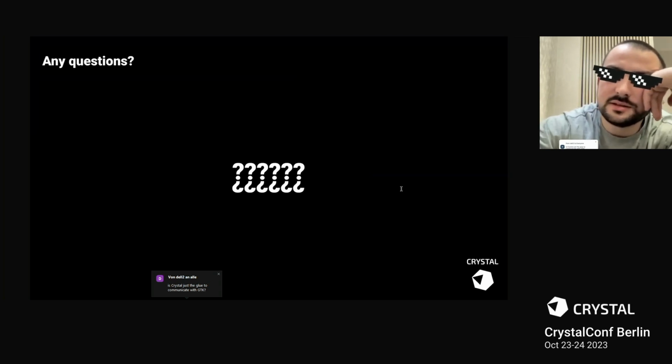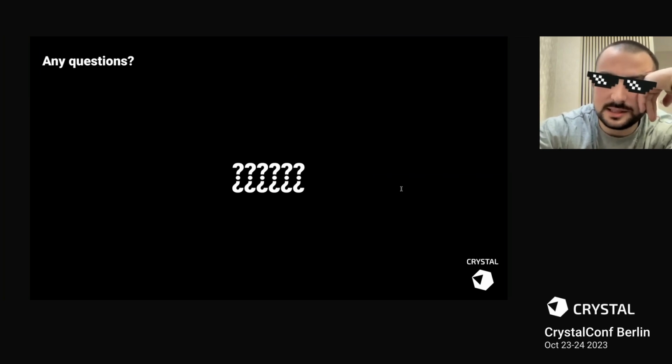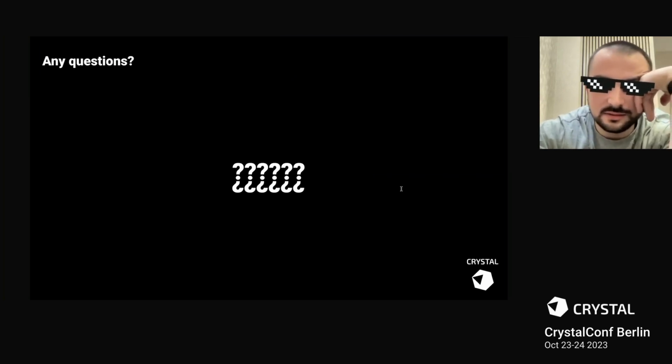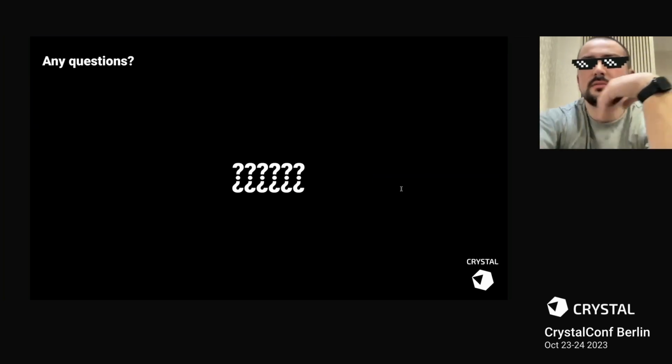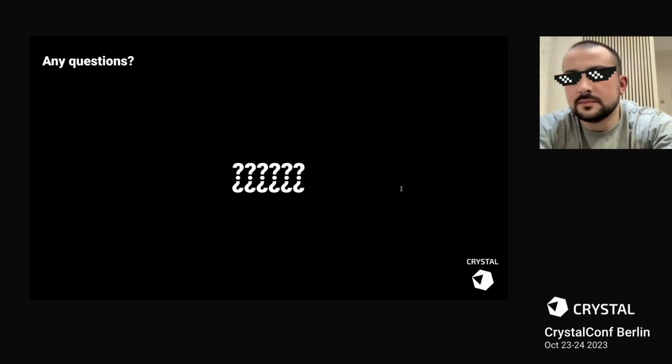GTK, it's not glue. TypeScript is the glue one, not Crystal. With Crystal, you can pretty much write whatever you want, but mostly it's just talking with GTK. GTK is not running in a separate process, it's running in the actual Crystal process. So you're pretty much using the binding of GTK to write something like that.